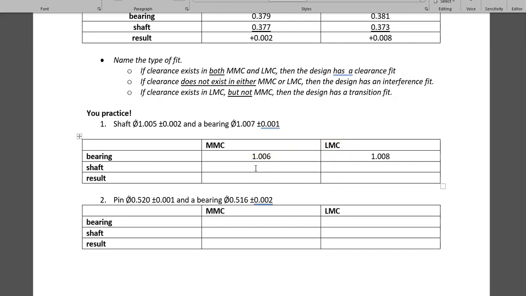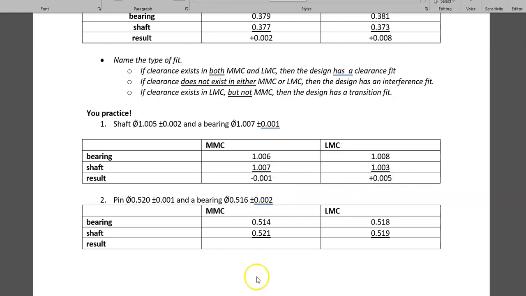For the shaft, I have 1.007, and for my LMC here, I have 1.003. I'm going to make sure that these are underlined. I'll do my math. I have 0.001, and here I have plus 0.005. Since I have one of each, you can see that I have a transition fit.